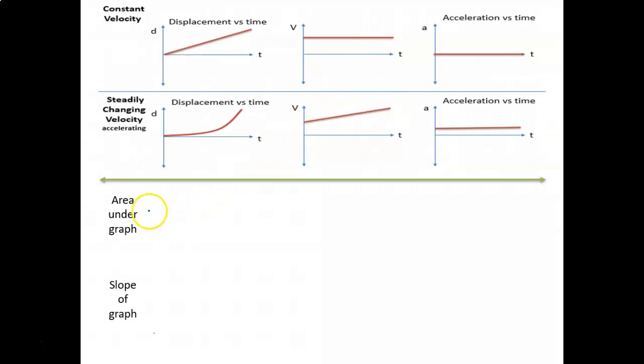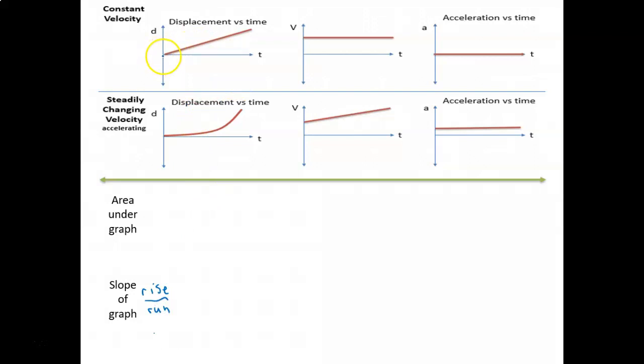Okay, so let's look at it. Let's begin with slope of the graph. As you remember, slope is rise over run. Let's look at this displacement graph because it's linear, so it's easier.